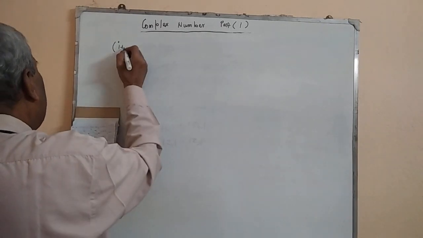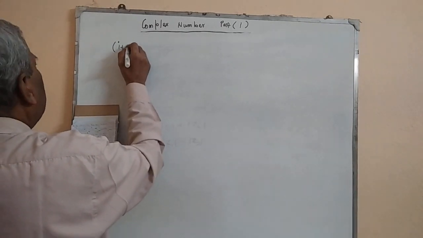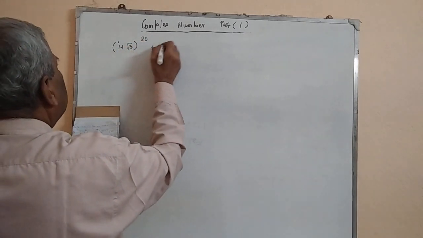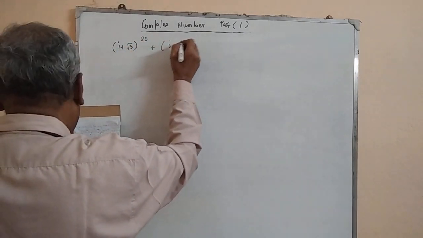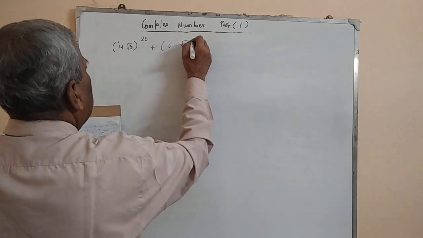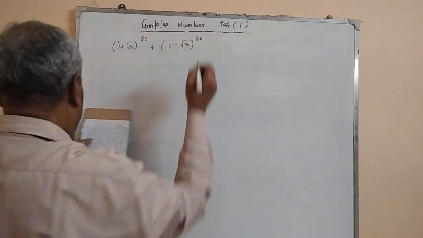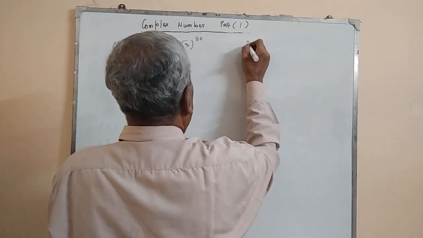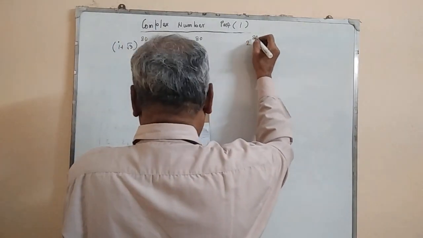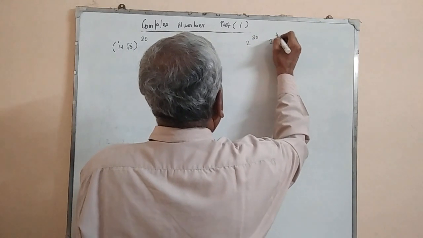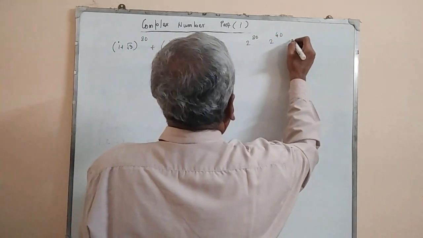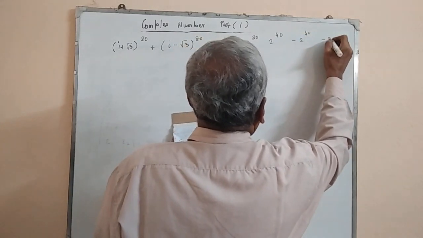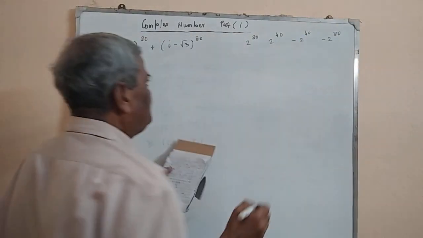(1 + i√3)^80 + (1 − i√3)^80 is equal to one of the options: 2^80, 2^40, −2^40, −2^80.